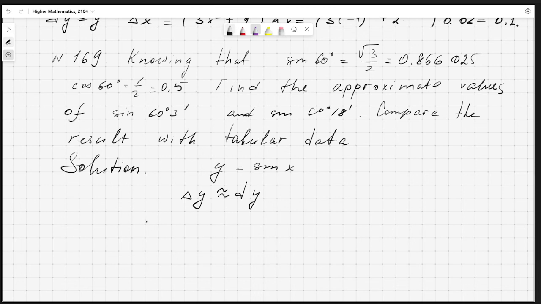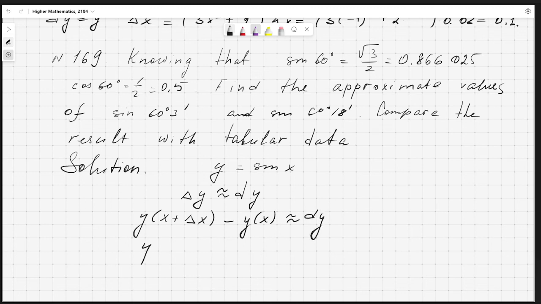It means y of x plus delta x minus y of x is approximately equal to dy.